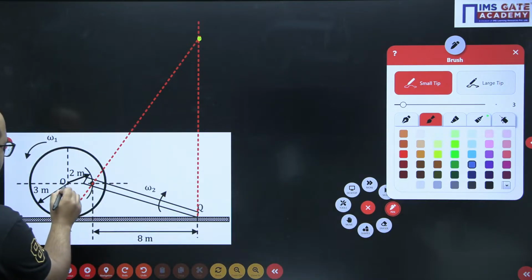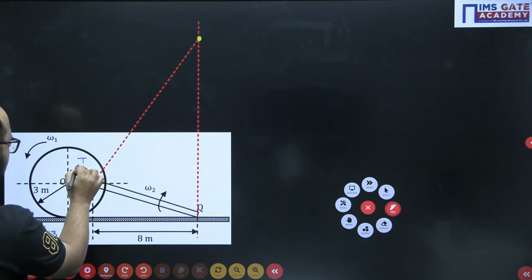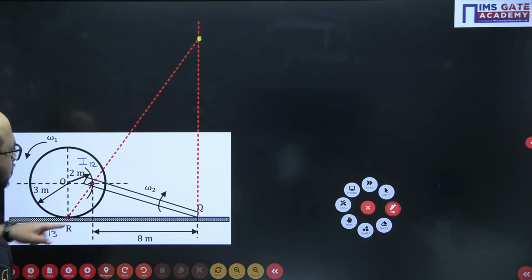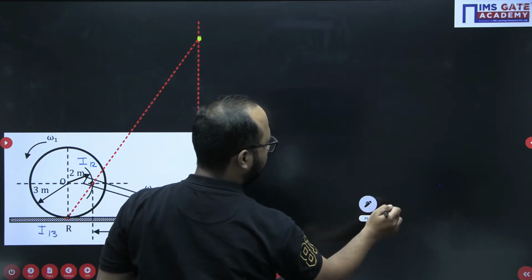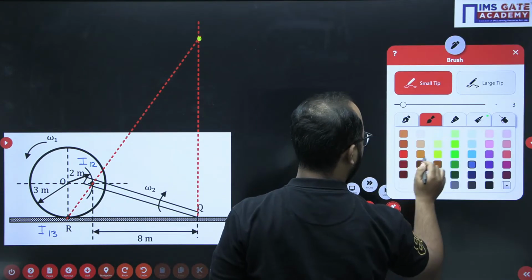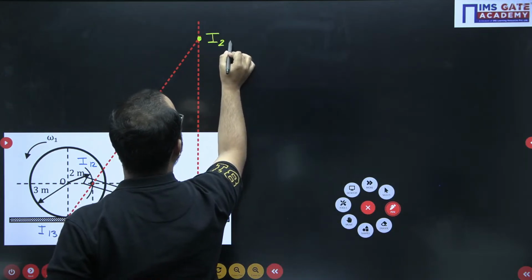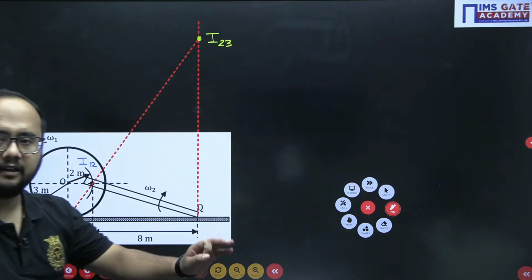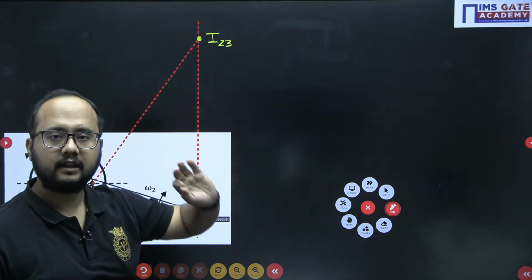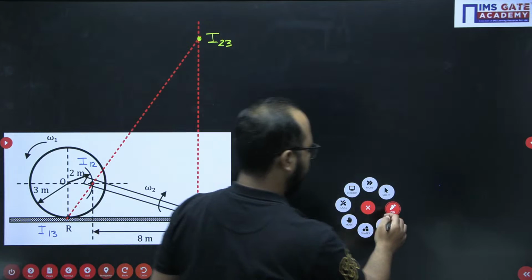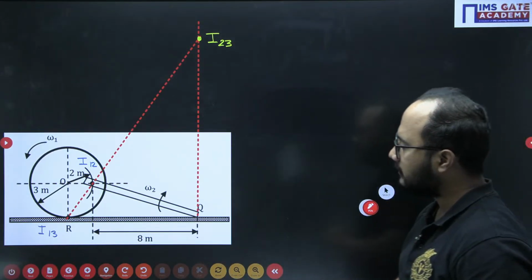This is I13, I12, right? So 2-3 will be here. Clear? All the I centers I have mentioned: 1-3, 1-2, 2-3. Clear this point?